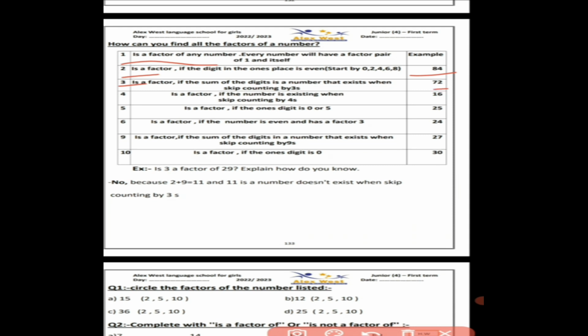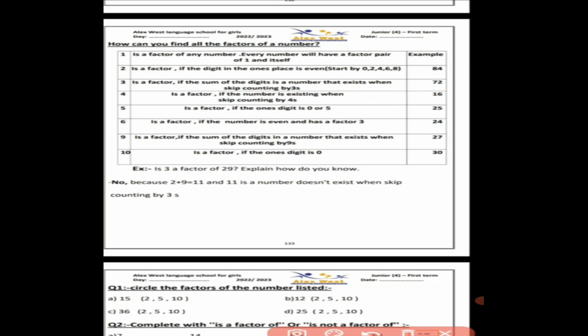Is 3 a factor of 72? Get the sum of its digits. 7 plus 2 equals 9. Is 9 divisible by 3? Yes. 3 times 3 equals 9. So 3 is a factor of 72.